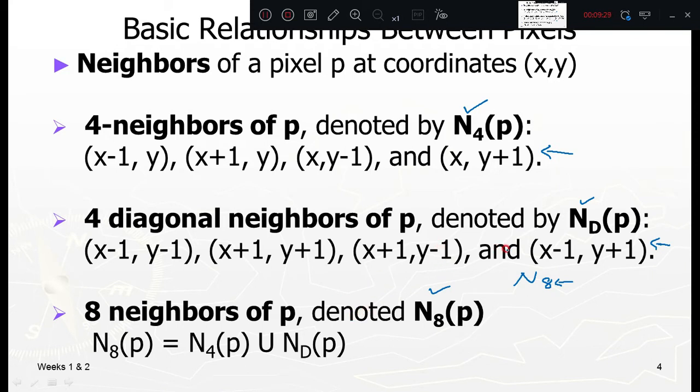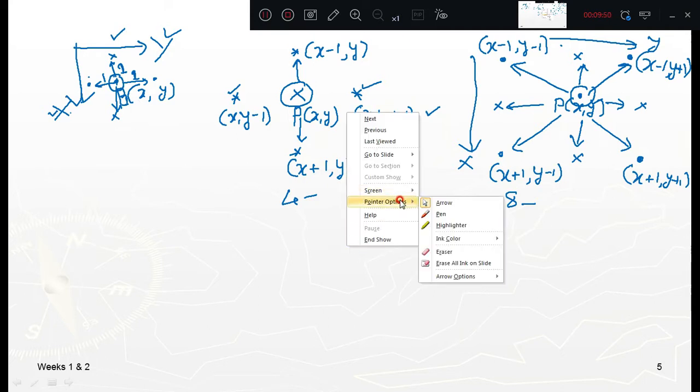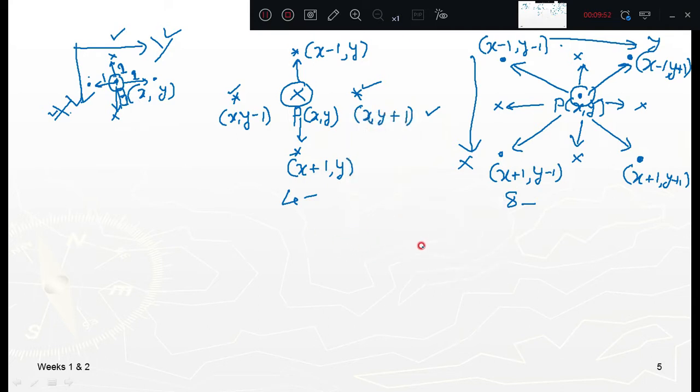I hope how we refer to the coordinates for the 4 and the 8 neighbors is very clear for you. This is the diagram. You should understand how the coordinate values are changing. Now when I consider here, you may have n number of pixels like this.